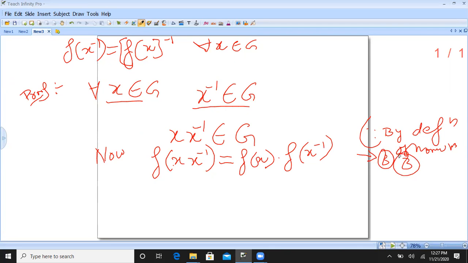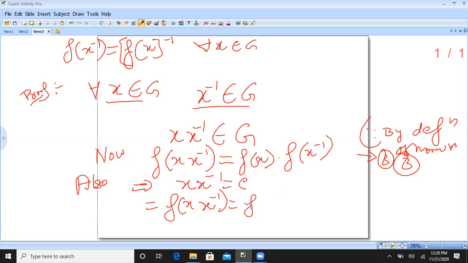Equation number 3 also implies that x inverse is equal to E. Therefore we can say that f of x inverse is equal to f of E is equal to E bar.